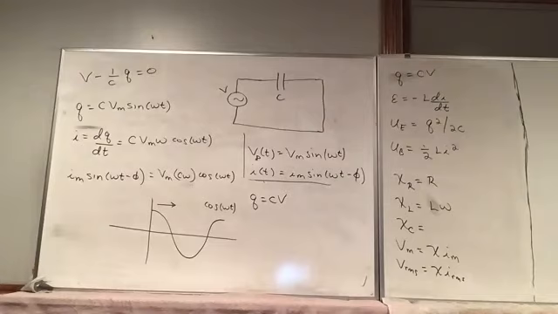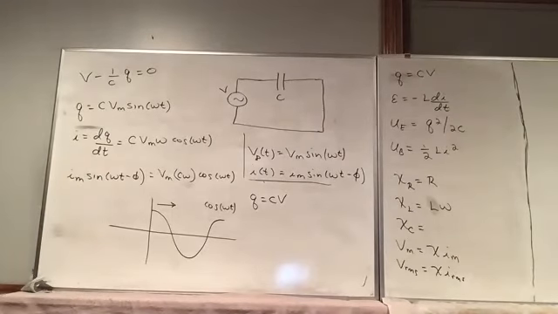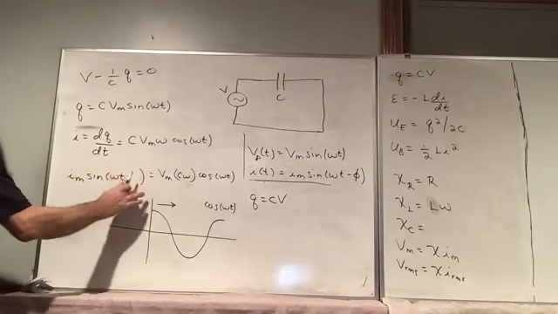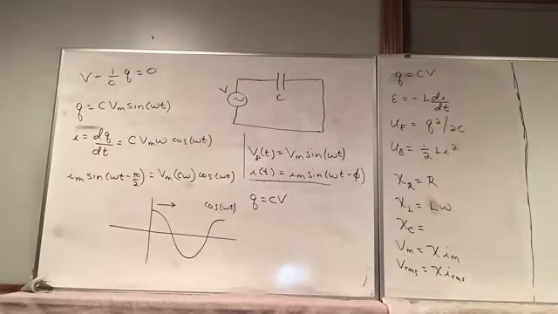So shift it right, we would have to subtract. So this would be pi over 2 then. So phase shift in this case should be pi over 2. And I got confused figuring out which way things are supposed to be going here.